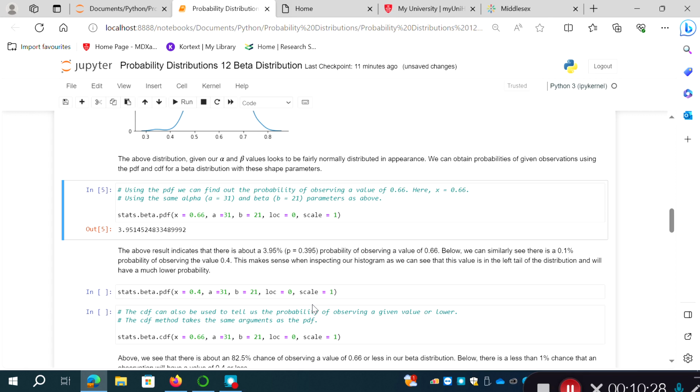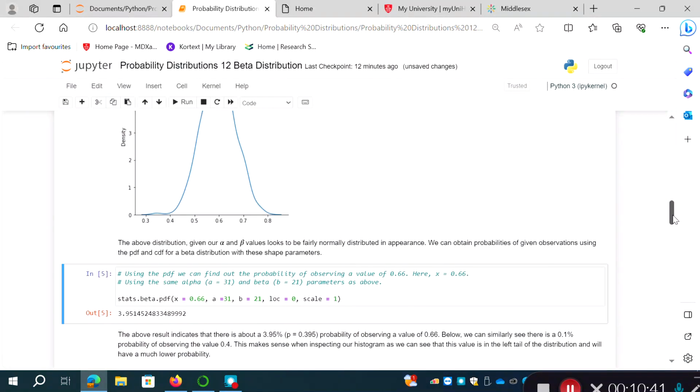Okay. And if I do the same thing again, but let's specify a different input value on the x-axis. I've specified here 0.4, and you can see 0.4 has a very low probability there.